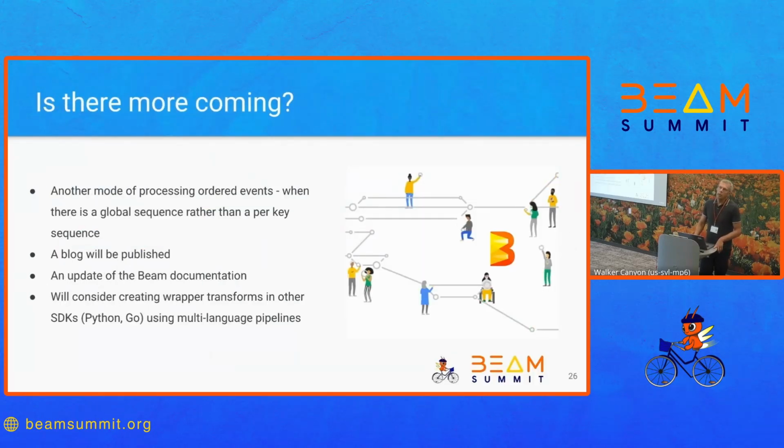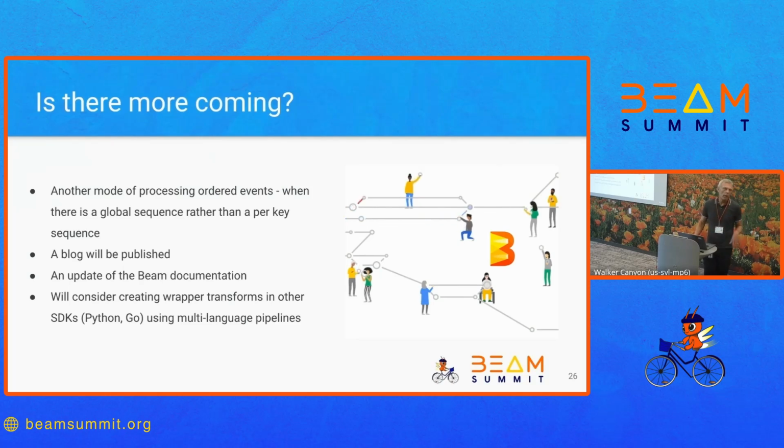Is there more that's coming? What's important to know is that we're finishing another mode of processing ordered events, where there is a global sequence number rather than a per-key sequence. The idea is, if you have a monotonically incremented sequence, for example for change data capture, a transaction ID is monotonically increasing, but it affects a number of tables.